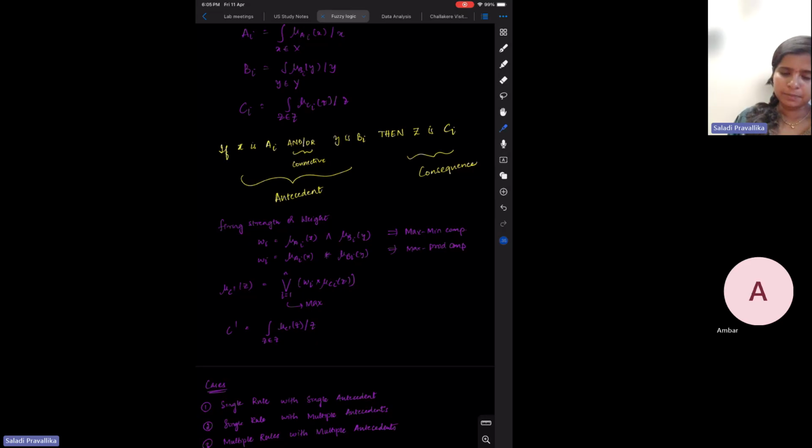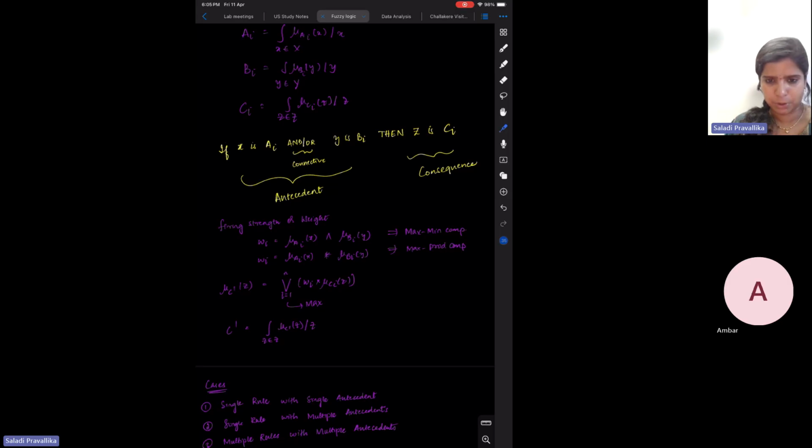So once you get the weight, then you go for the membership function. For you to write the membership function, you should have your membership value, right? This membership value can be obtained using the weight wi for the ith rule, and then you have mu ci.